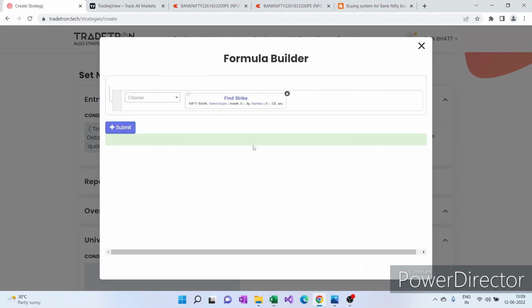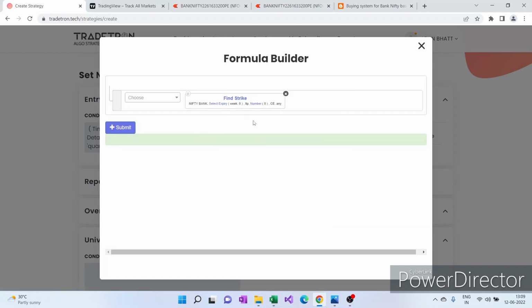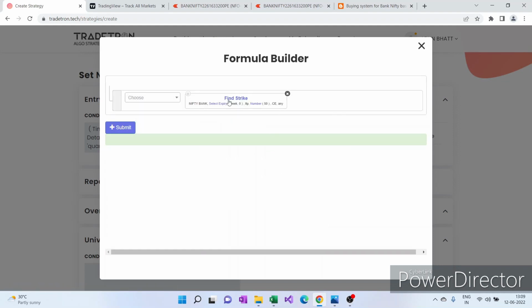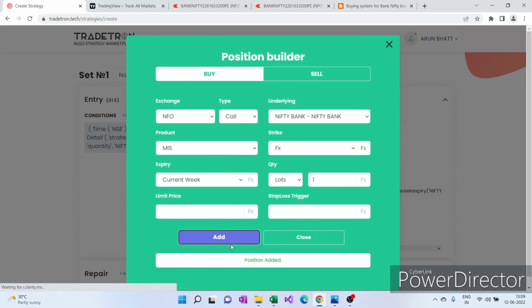So let's take this one, and then we'll select the expiry and say we want to trade in weekly expiry only, and the number will say 50. This way it will pick the strike for a C option which is trading near 50, and we will add this.